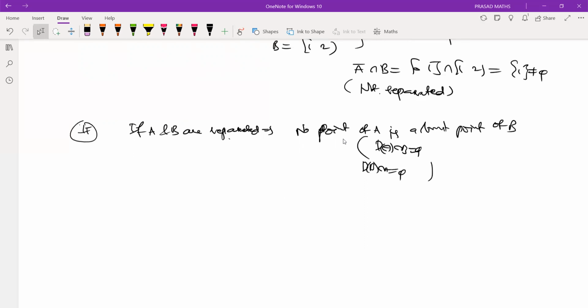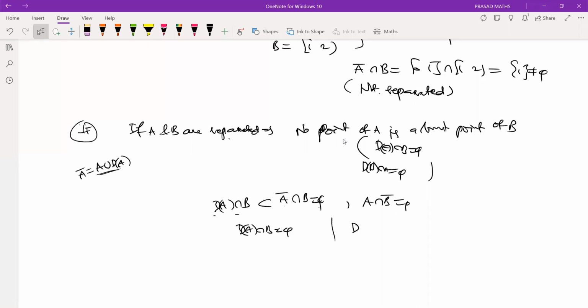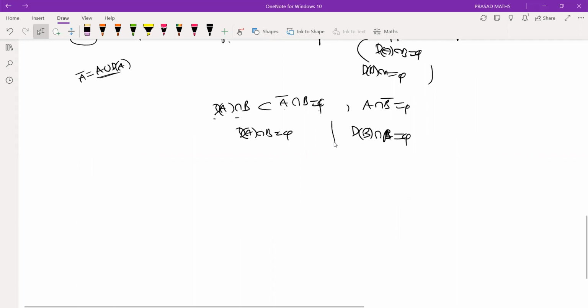Because once they are separated sets, A intersection B closure is empty. I already told you that A closure contains the derived set, because A closure is nothing but A union its derived set. Therefore the derived set of A intersected with B is contained in A closure intersection B, and a subset of the empty set is empty. Similarly, the derived set of B intersected with A is also empty. Therefore, no point of A is a limit point of B, and no point of B is a limit point of A. Right? These are two properties of separated sets.